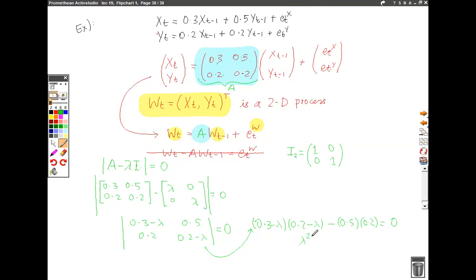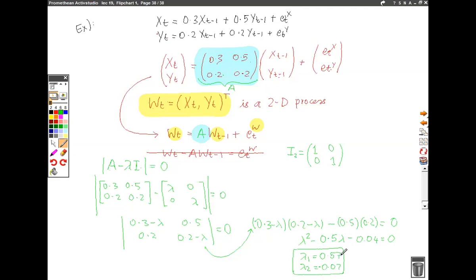If you write this out, you will get something like lambda squared minus 0.5 lambda, and so on. And now you can use the quadratic formula, minus b plus or minus square root of b squared, to figure out the values of lambda. So you will get lambda 1 as 0.57 and lambda 2 as minus 0.07.